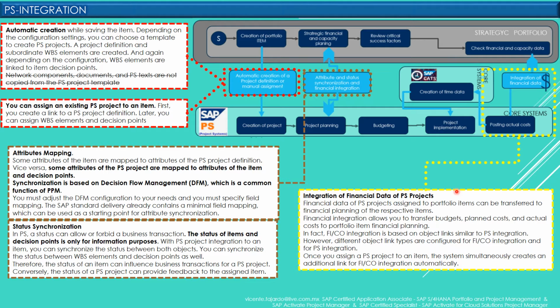Financial integration allows you to transfer budgets, planned costs, and actual costs to portfolio items' financial planning. In fact, FICO integration is based on object links similar to PS integration. However, different object link types are configured for FICO integration and for PS integration.